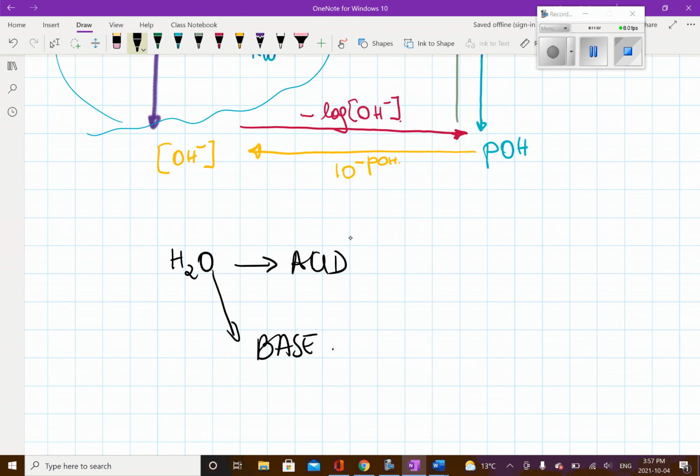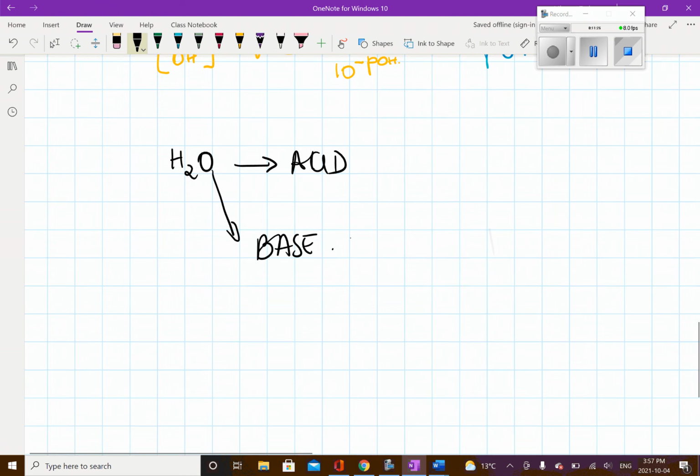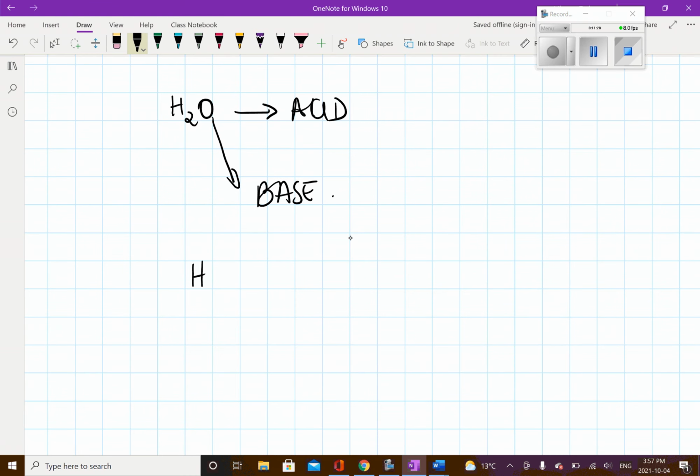You have seen properties of water in Science 10 and Chemistry 20. Now we will see it from a different perspective. Water functions as a base in a reaction with an acid. So when we have, let's say, hydrochloric acid, HCl plus H2O, water is acting as a base.